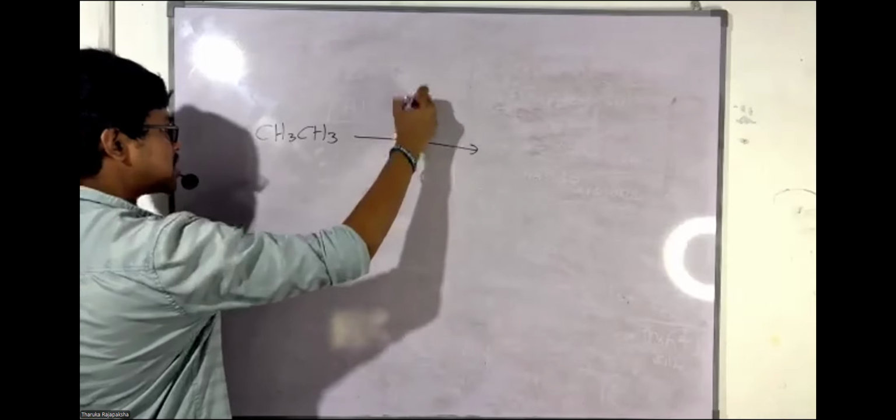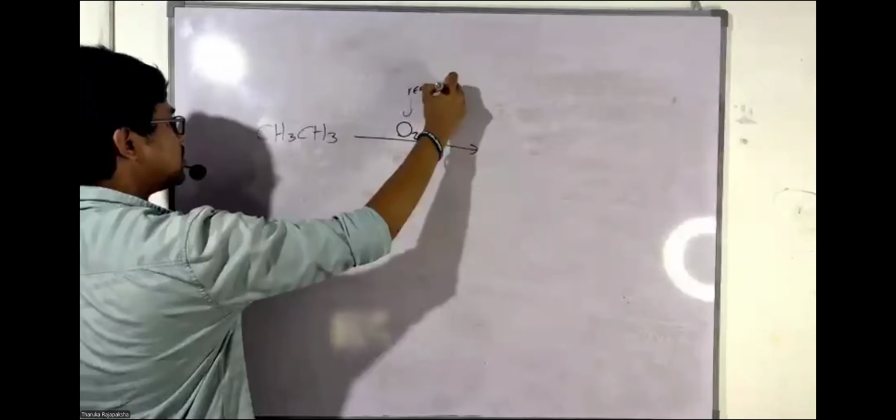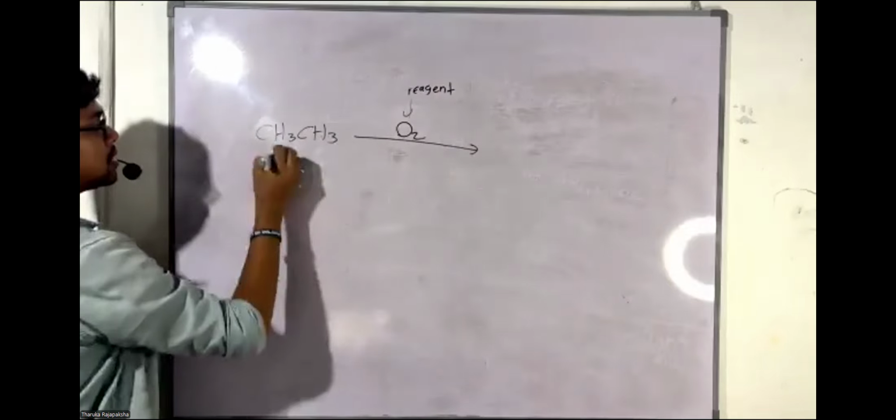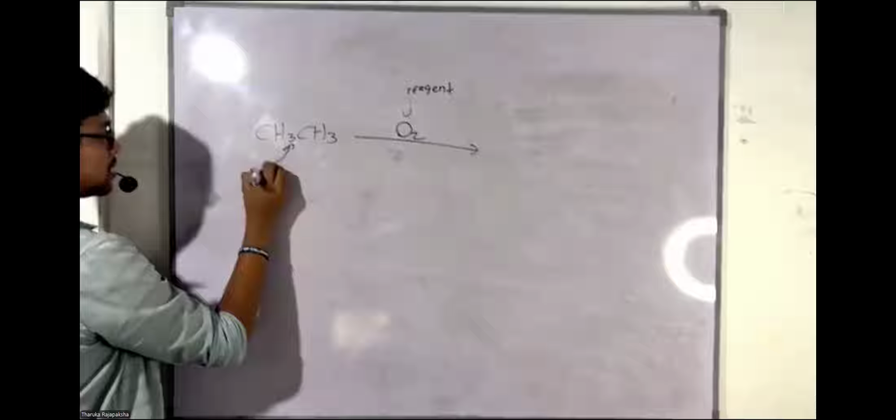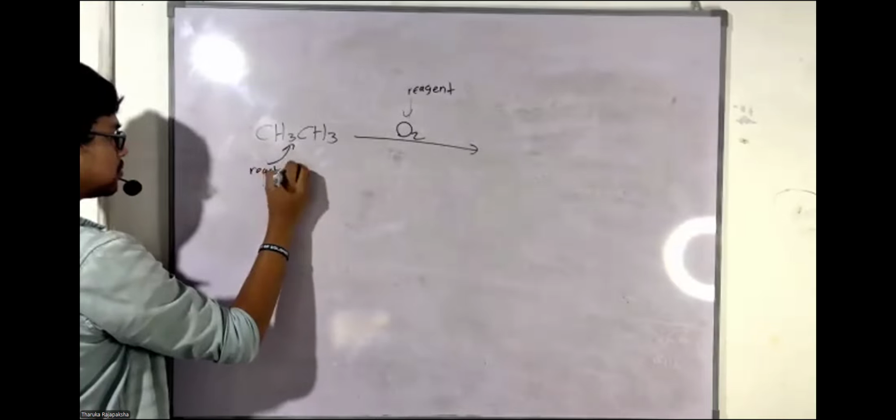This is the reagent which you're adding, and this is the reactant. Then you heat the mixture a little bit and you get carbon dioxide and water. This is called combustion. Please write this down in your tute and raise your hands when you're done.